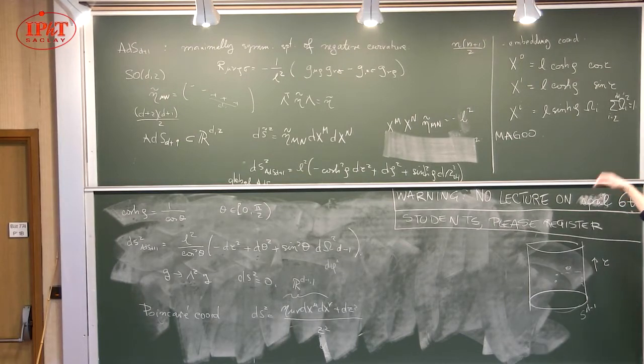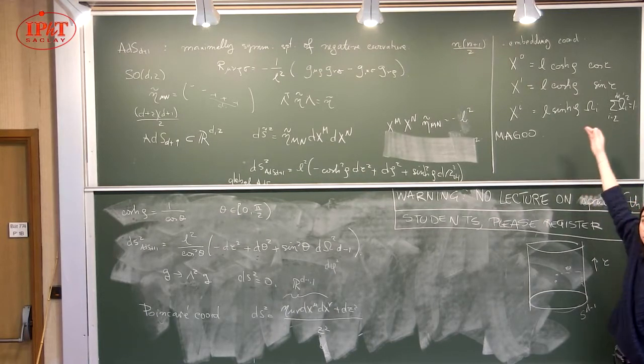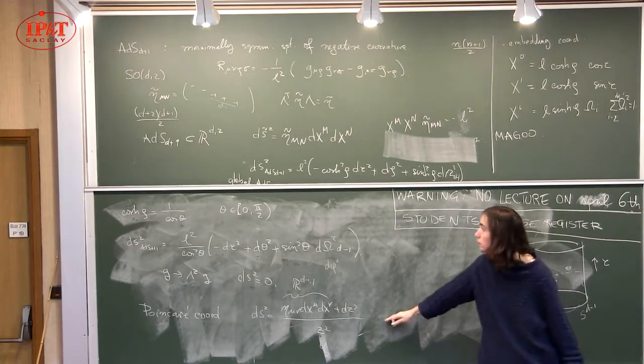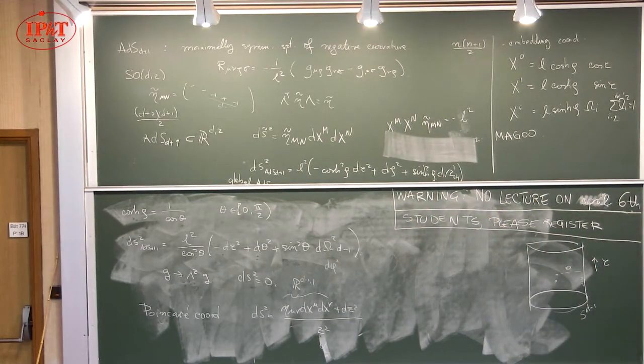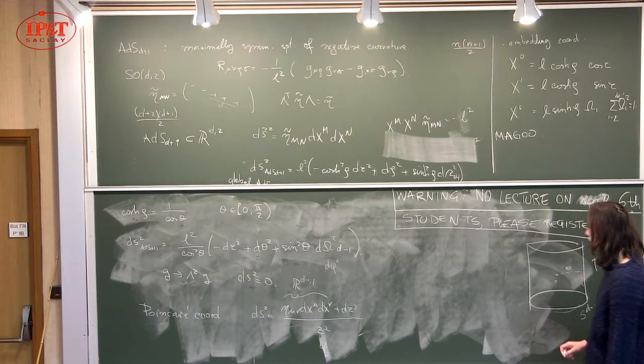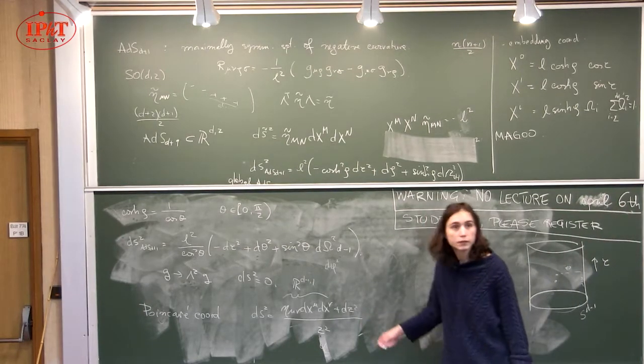You can find all of these formulas very nicely written there, the embedding coordinates for global, and also the embedding coordinates for Poincaré that give you this metric through basically an identical argument. But Poincaré coordinates do not cover the entire spacetime.